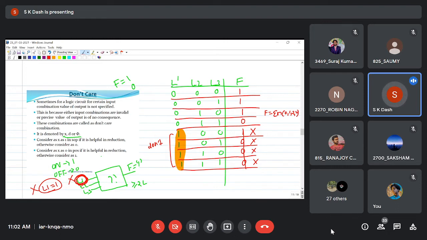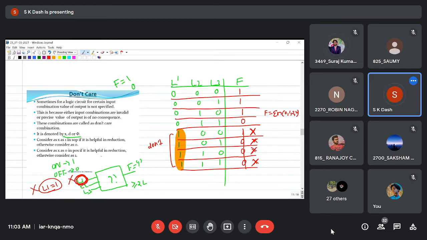Because in this example, light L1 can never be on. So how does it make sense for the output to be 1 or 0? It doesn't make any sense. That input is not possible, so the output can be anything. We don't bother about that, so we will write these as crosses. So is this example clear? What do you mean by a don't care combination?